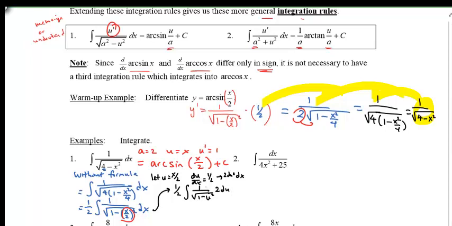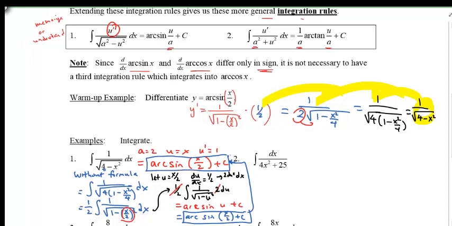Notice the 1/2 and the 2 just divide out, and you're left with the integral of 1 over the square root of 1 minus u squared du, which equals arcsine of u. And once again, what is u when I replace everything back in? It's arcsine of x over 2 plus c. Hey, same answer.